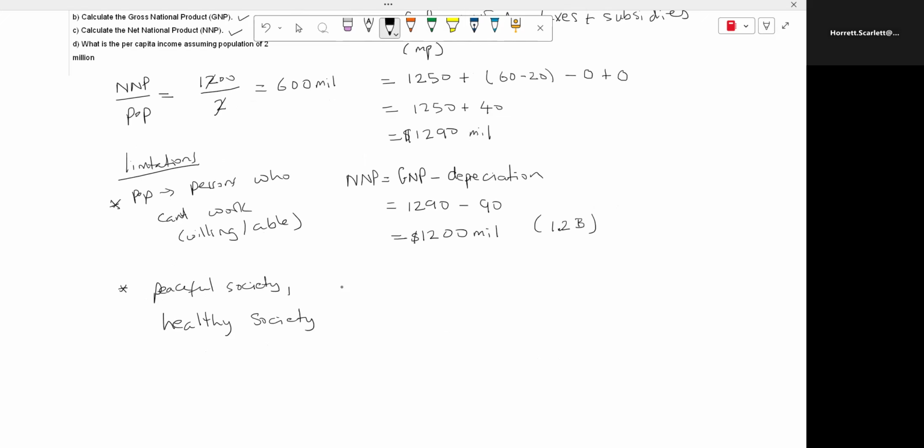And it doesn't do this because we're just looking at things from a monetary standpoint. How much has been generated in terms of final goods and services within the economy over this period of time. So you will find that whenever we look at national income statistics, there are going to be some things that it does not cater for properly.